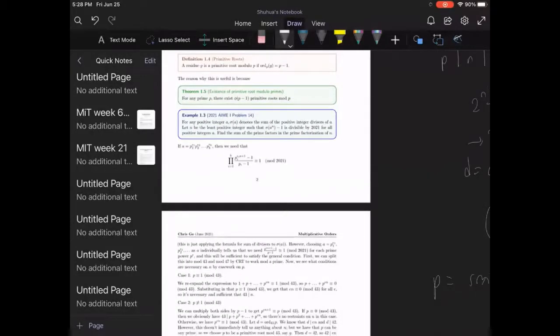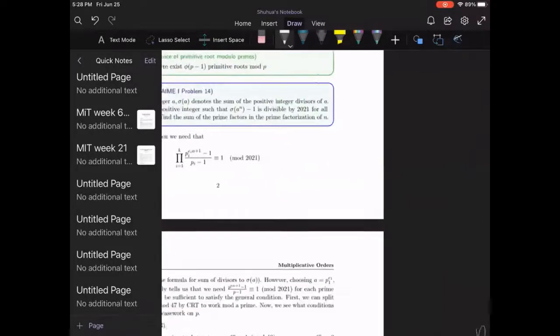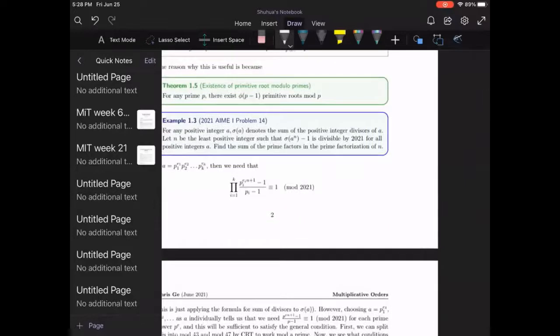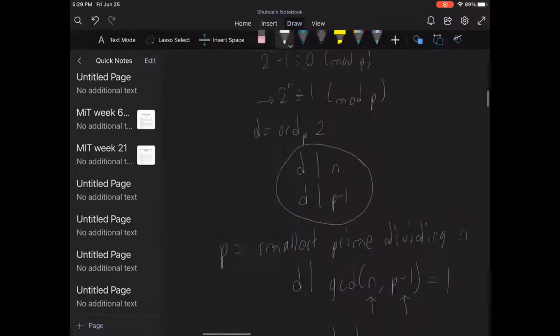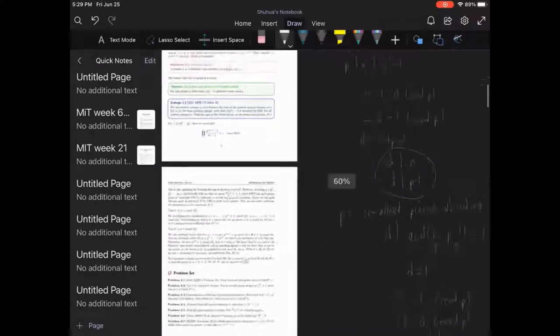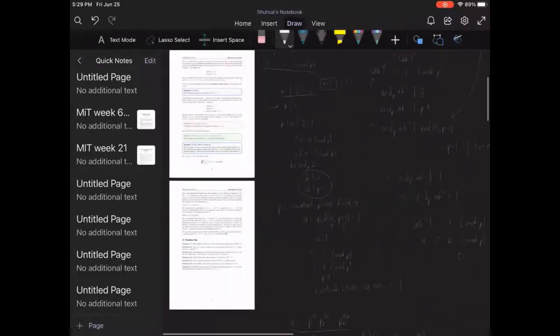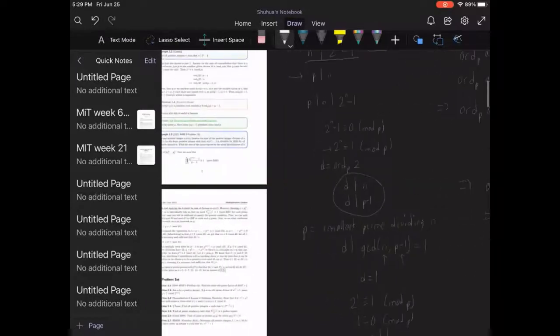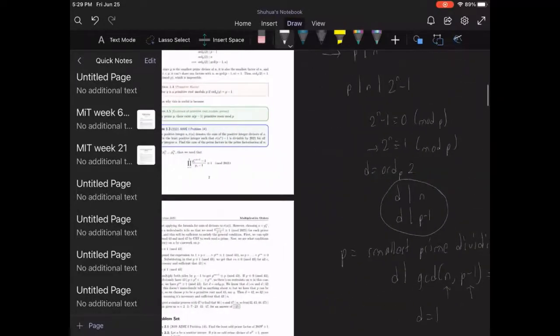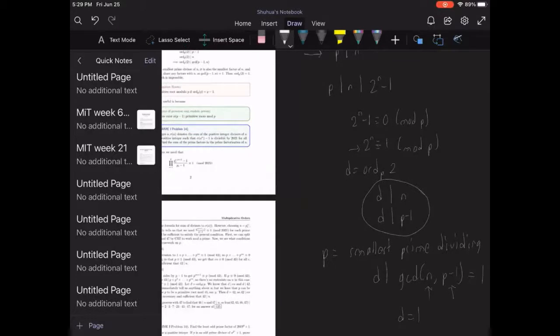I guess to summarize what we did inside this problem, it was just to figure out what this condition means by applying the formula, and then realize that it looks pretty close to an order thing. The second step was to split it into just the primes case, because you have a lot of freedom with A. So you can first check what happens if you plug in just the prime power, and then realize that that's equivalent to solving the whole problem.